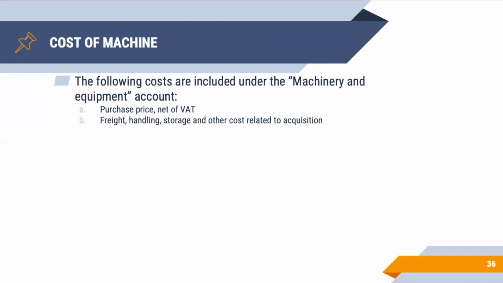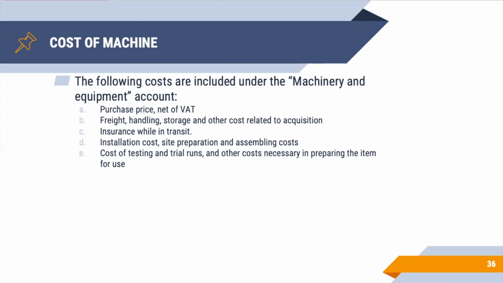Freight, handling, storage, and other costs related to acquisition. Insurance while in transit. So habang tinatransport yung machine, the insurance you pay will be capitalized. Installation cost, site preparation, and assembling cost. These are all necessary.